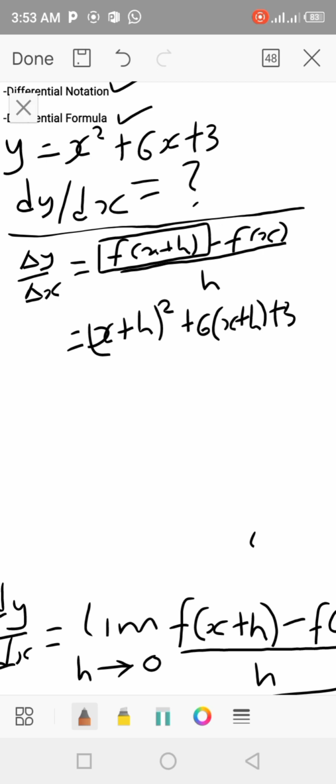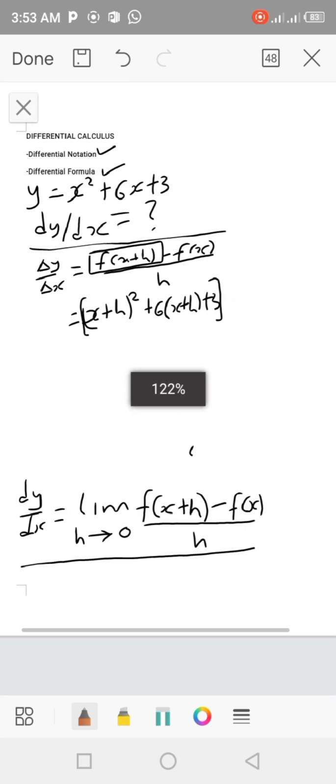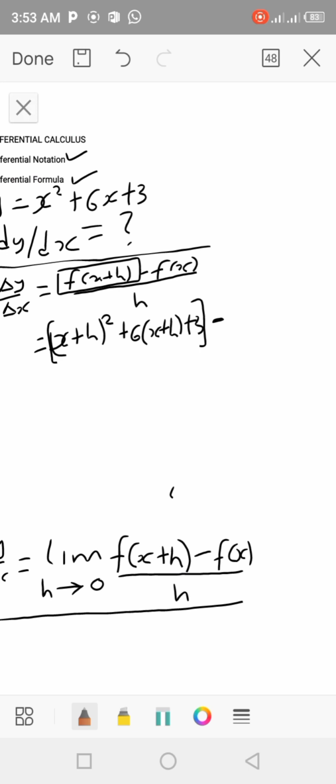You get all these minus f of x, which is x squared plus 6x plus 3 itself.